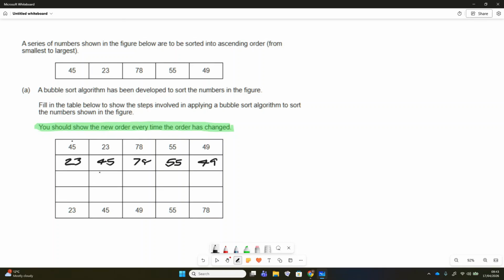So the next comparison is 45 and 78. There's no change there. So then 78 and 55. Well, there is a change there because 55 is less than 78. So we'll make that change, and then we'll write in the other numbers as they are.